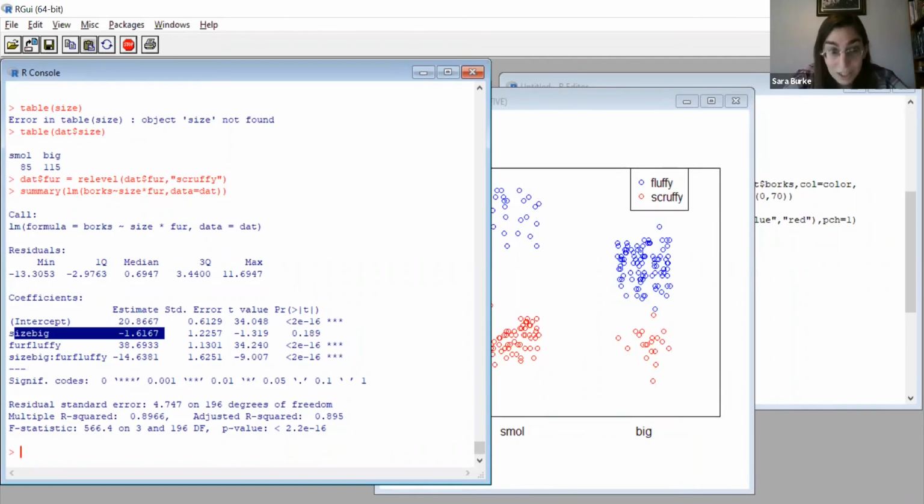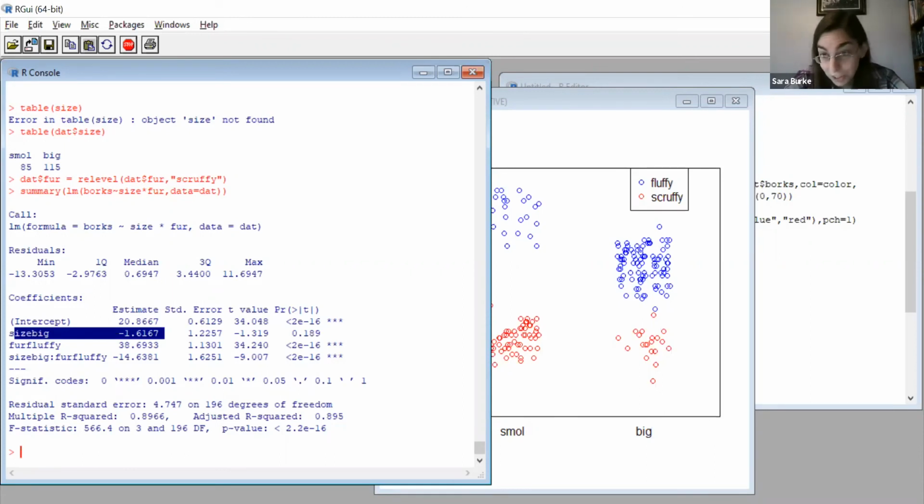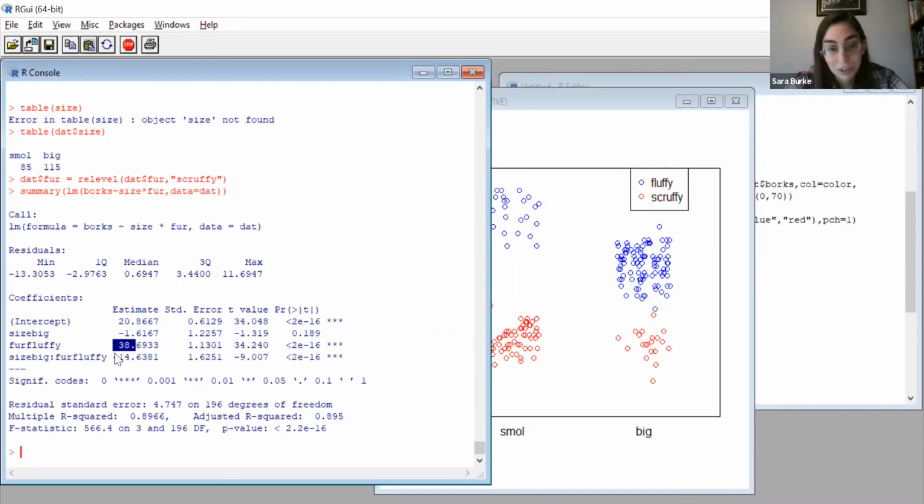In this data set, big scruffy dogs are barking 1.6 times less often than small scruffy dogs, right? And the question you might be interested in is whether that difference is big enough that we're sure it's not a coincidence. That's what we mean by not statistically significant: it might be an accidental difference rather than a systematic one, but it is in that direction in the data set that we have. And these other two numbers stayed the same, except with the opposite sign. We've already interpreted them.